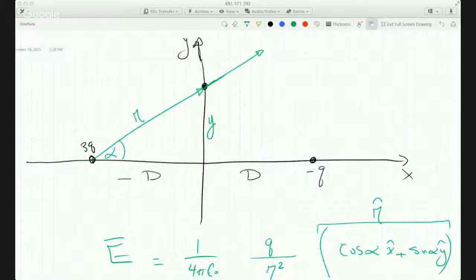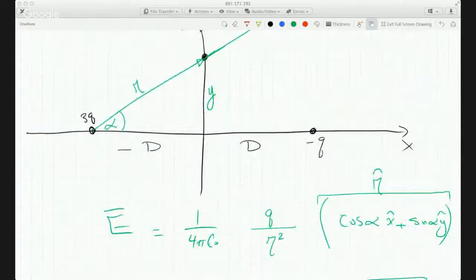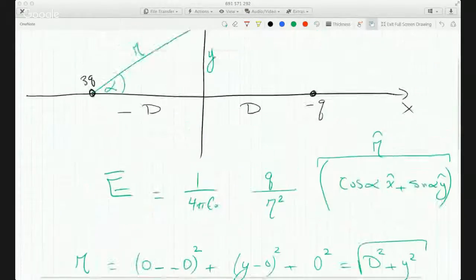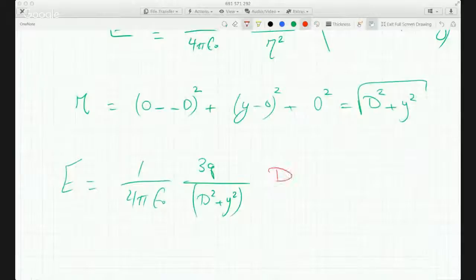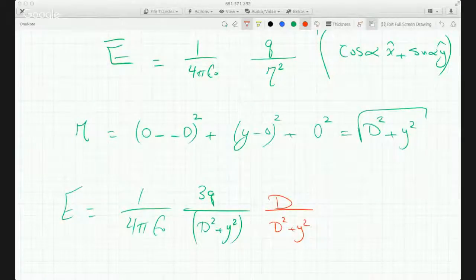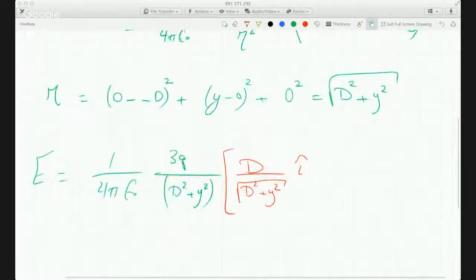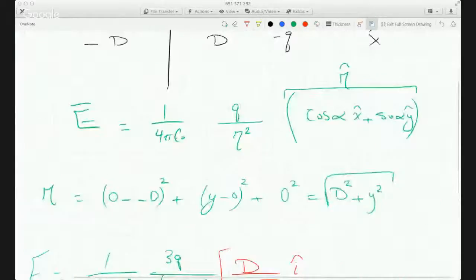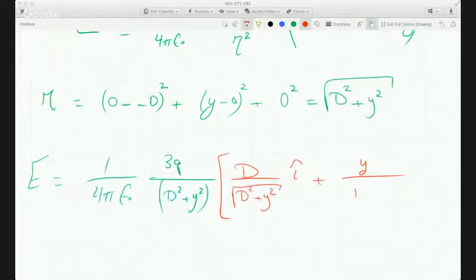The cosine alpha will be d over the separation vector, from the triangle, which is the square root of d squared plus y squared, in the i direction, and the sine is just y over that, in the j, plus 0 in the k.